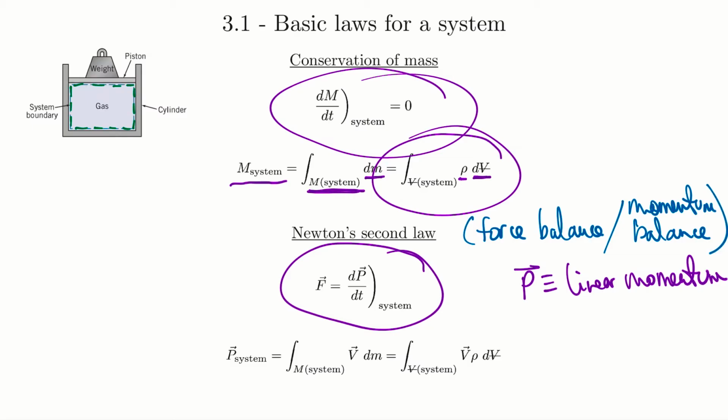Now we're going to need to write this system quantity, like this linear momentum here, for a volume. On a mass basis, when we integrate, we would take integrations like a sum, so you'd take velocity times dm, that'd be velocity times mass, and that would get you the total linear momentum of your system. But we're going to want it in volume form.